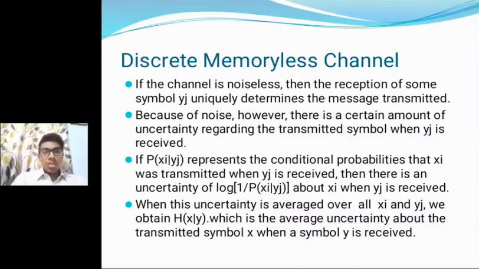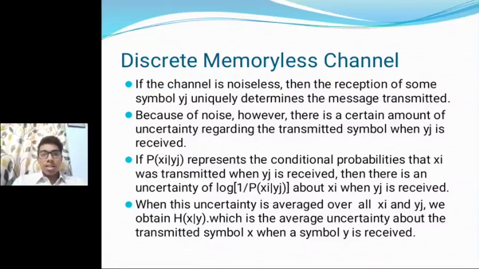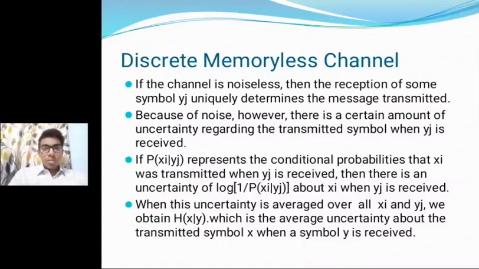Now if the channel is noiseless, the reception of some symbol yj uniquely determines the message transmitted. That means when we transmit a symbol, say xi, we get yj at the receiver side. However, because of noise there is a certain amount of uncertainty regarding the transmitted symbol when yj is received, and in the presence of noise we can get signals that are not the same as the one transmitted.